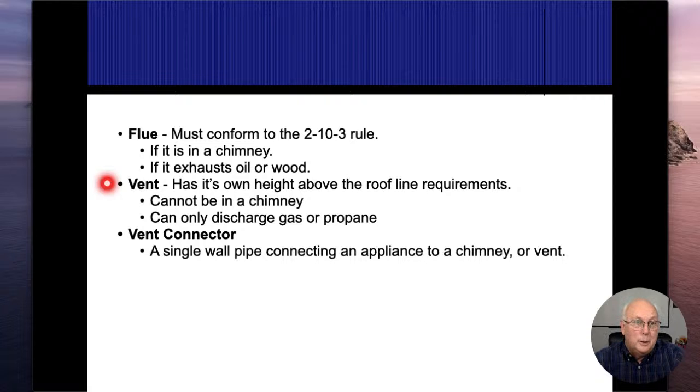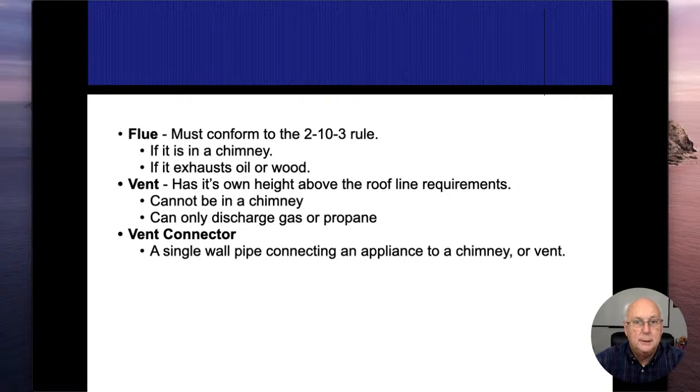I do see where a lot of inspectors make a mistake, and they'll see a B vent that comes up through the roof, and they start calling out the 2-10-3 rule. It doesn't have to conform to that, all right? As long as it's natural gas and it's not inside of a chimney, then it doesn't have to conform to that. There is a chart.